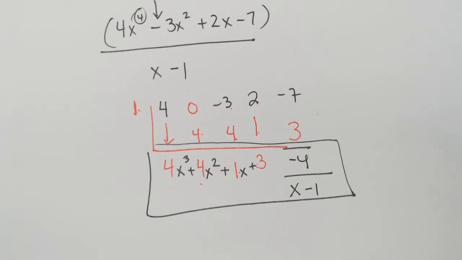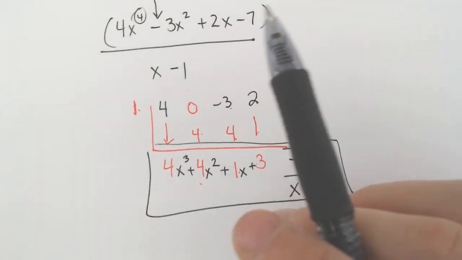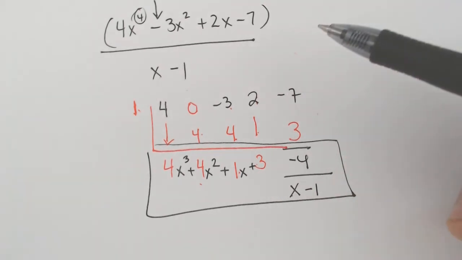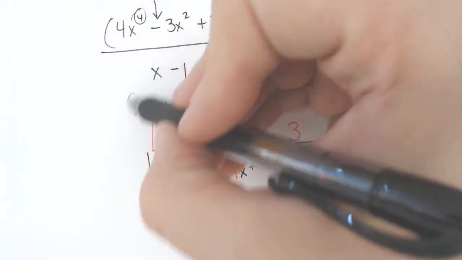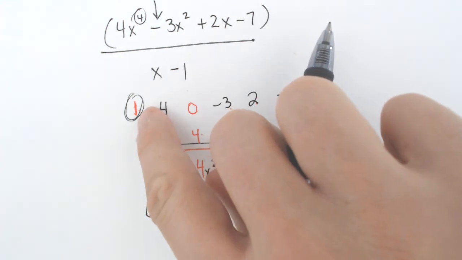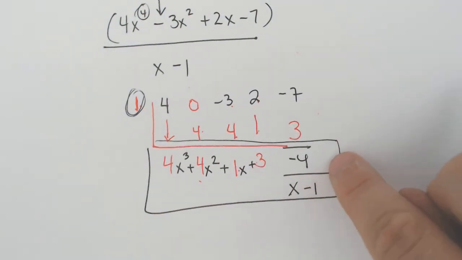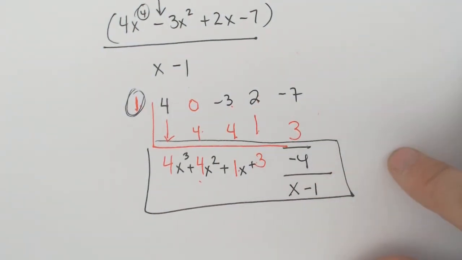Another huge thing to think about: this is officially kind of the end of the video, but something that you maybe want to know about. If you were to plug in this number and end up with a remainder of 0, what would that actually tell you?